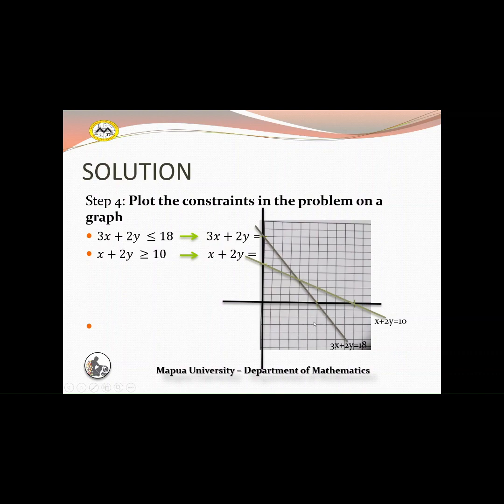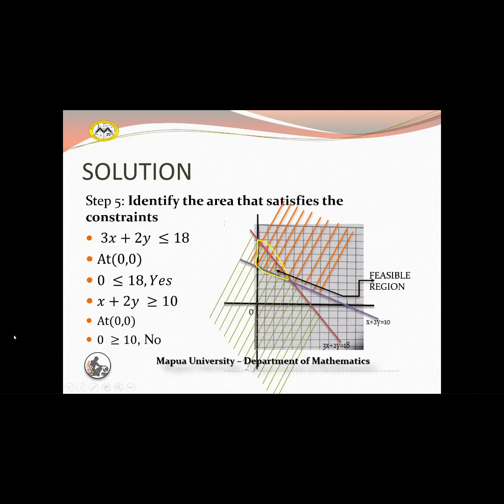Then from here, we can test the given inequalities by using a testing point. Using the testing point at (0, 0), substituting that point into the inequality 3x plus 2y less than or equal to 18, when x and y are zeros, 0 is less than or equal to 18.